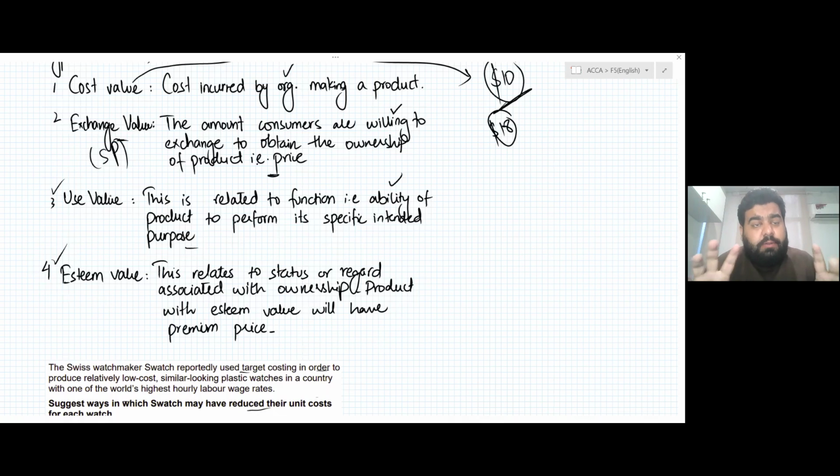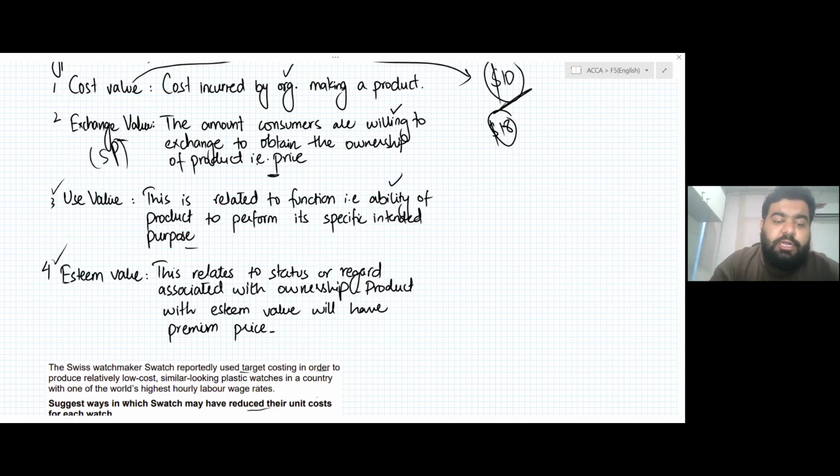Yes, they are investing in very costly machines and the body, but it's not that much cost they are charging you. Why then are you paying a lot of money for that? Because you know it's the indication of status. It has a prestigious effect. So for that prestigious effect, for the status, you are paying more. This value is known as esteem value.